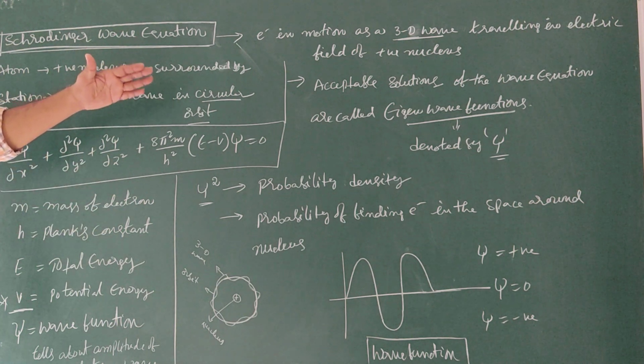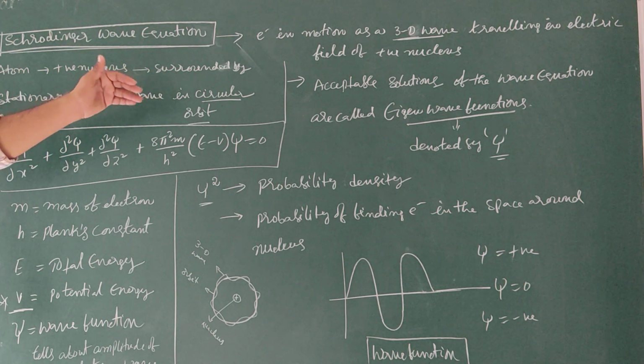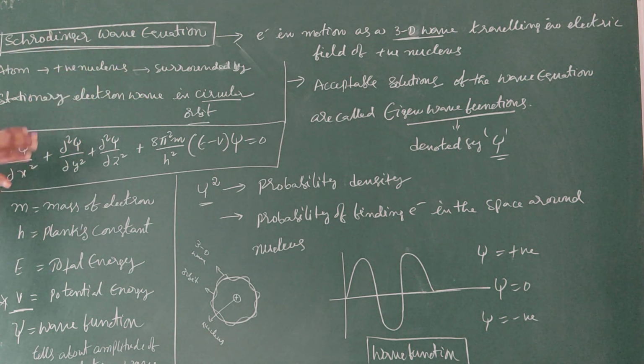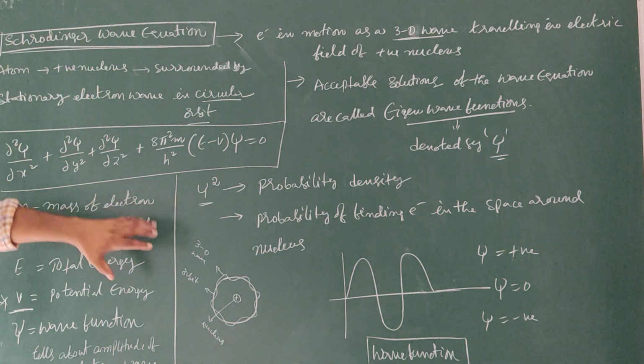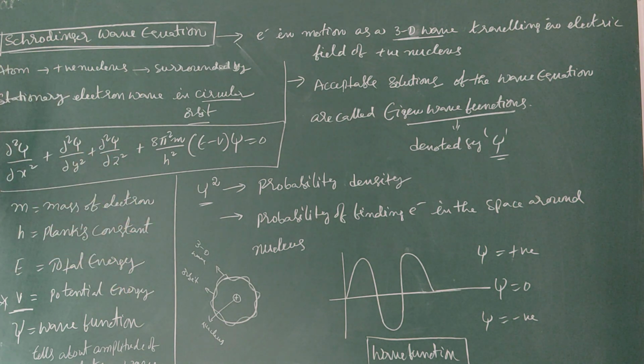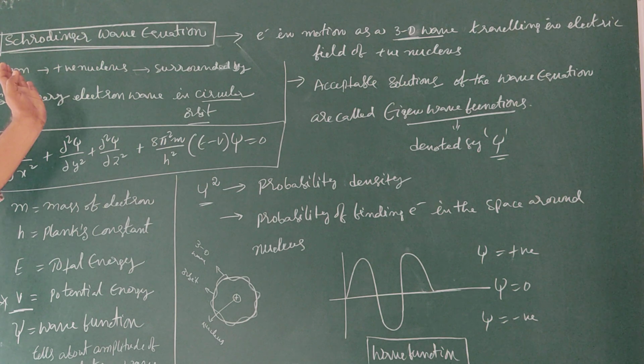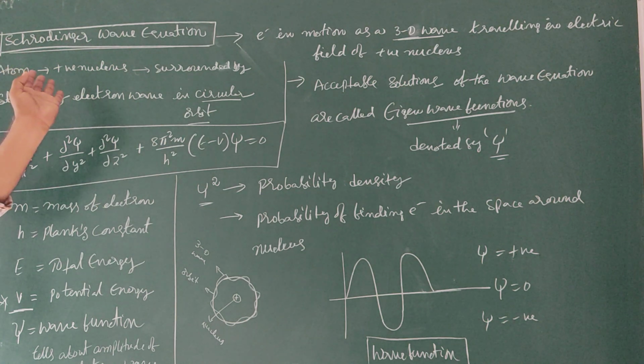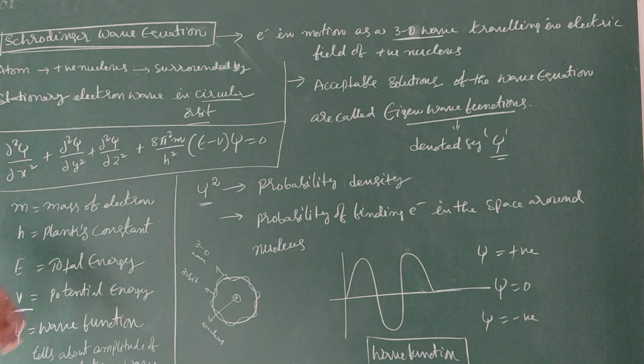The specialty of the Schrodinger wave equation is that it explains the motion of the electron in a three-dimensional manner. So to calculate the three-dimensional motion of the electron, he has given an equation.